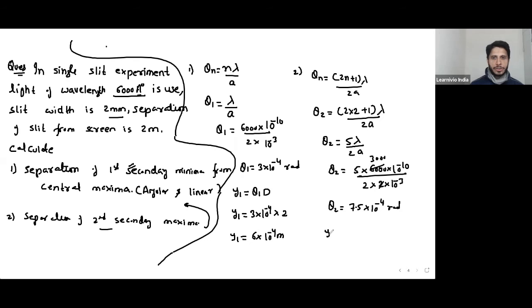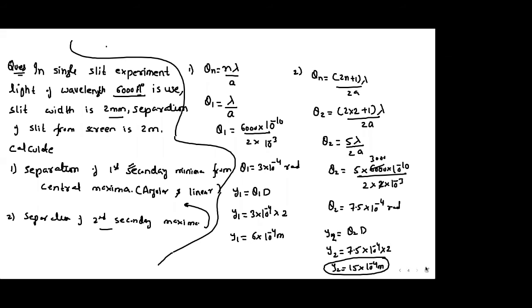For linear separation, just multiply it with d. So y2 is 7.5 into 10 raised to the power minus 4 multiplied by 2 meter. So that comes out to be 15 into 10 raised to the power minus 4. Okay, solve it. Next question.